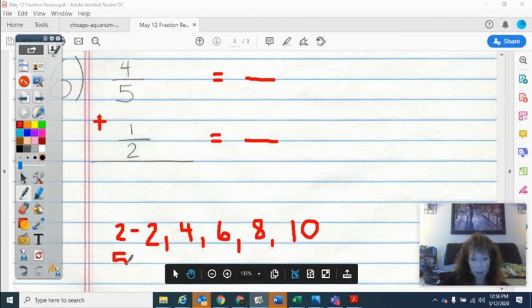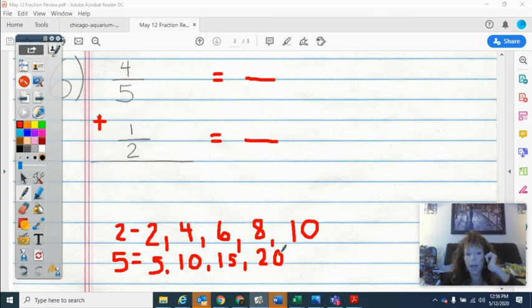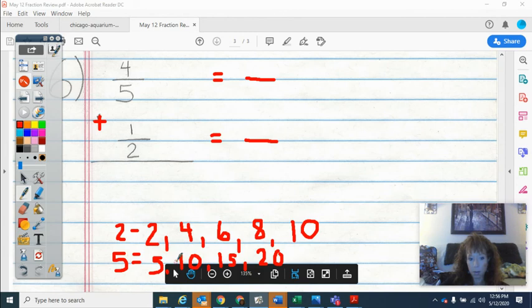Count by 5s. 5 times 1, 5. 5 times 2, 10. 5 times 3, 15. 20. 25, 30, 35. I could keep going, but maybe by now you've noticed that the lowest common multiple is 10.